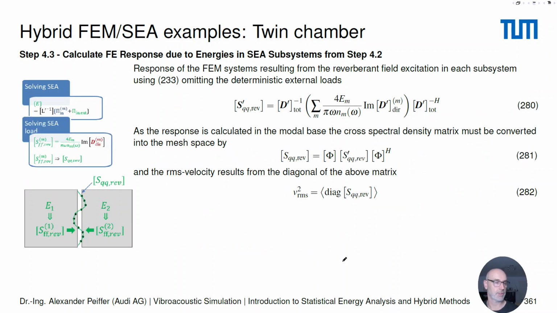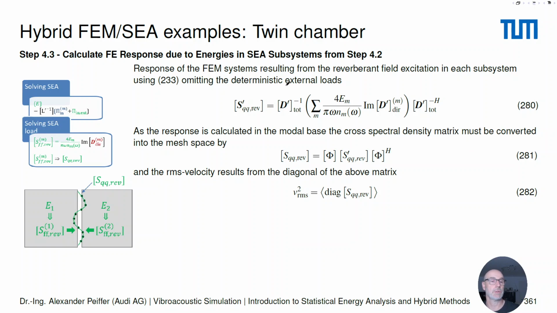So far for step number 4.2, and now we come to the last step, and this is a sub-step of number 4. This is calculating the FE response due to the energies in the SEA subsystem. That means now I calculate the back effect of the reverberant fields onto the FE subsystem.